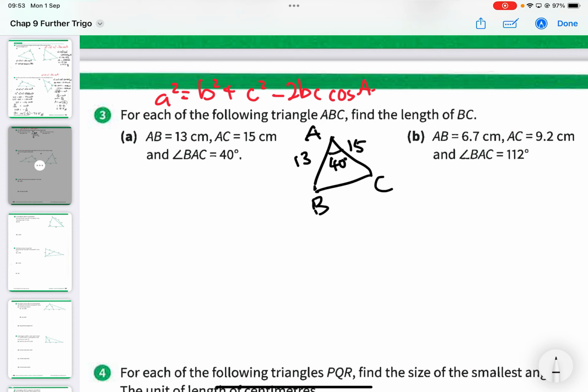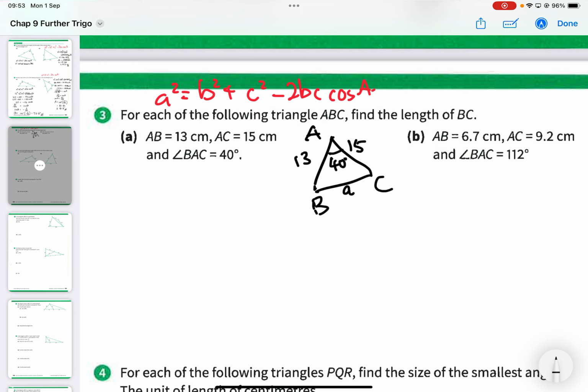That means my BC is my small a, my opposite. In this case, it will be better if we give it a name. Just call it A, because just now it is opposite our big A, then call it small a. The naming, can?